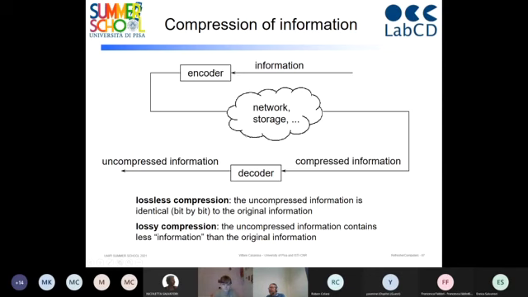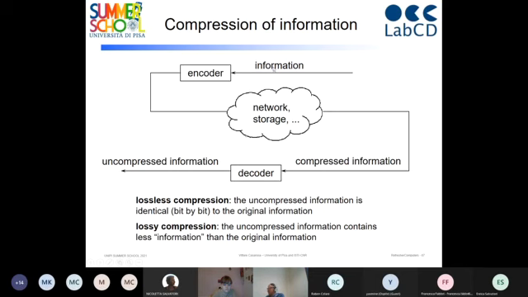You take this information through an algorithm, an encoder, that transforms this into a smaller number of bits. So compression really means doing some mathematical operation or some processing of this information in order that the result of the coding has fewer bits than the original information.